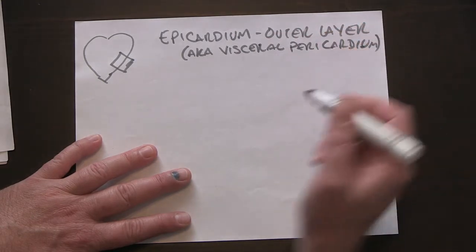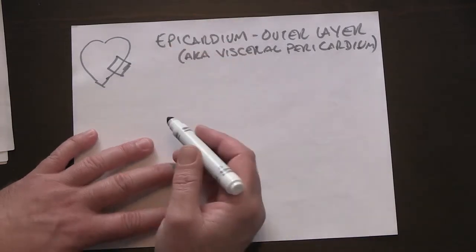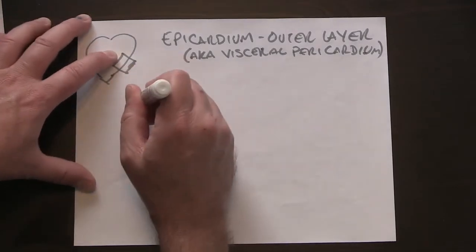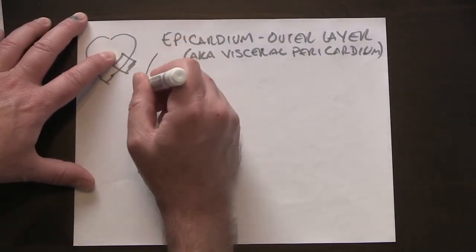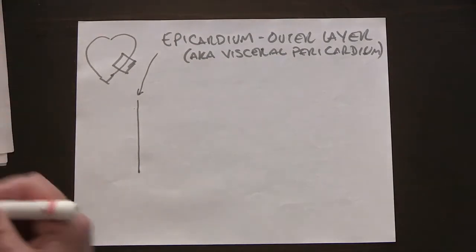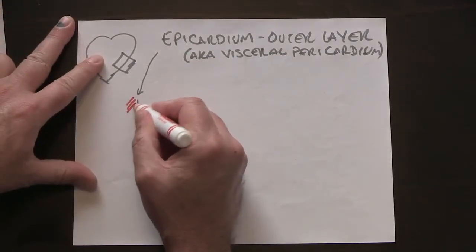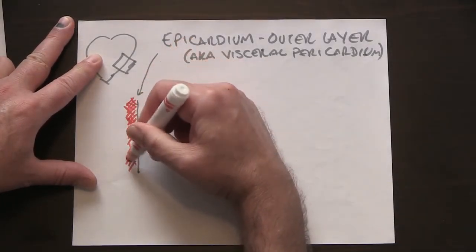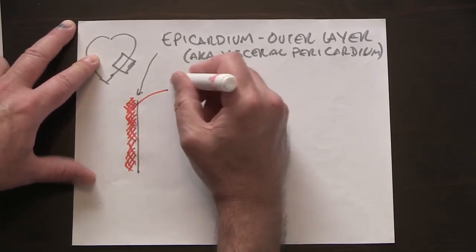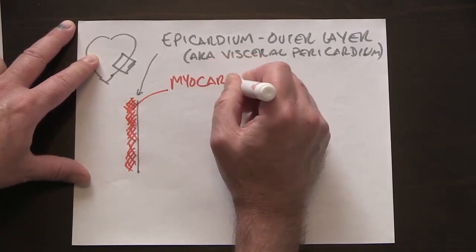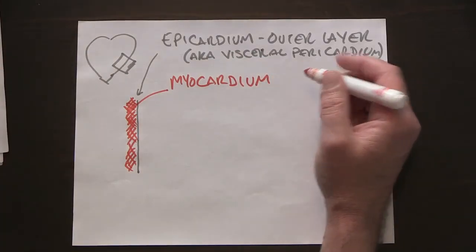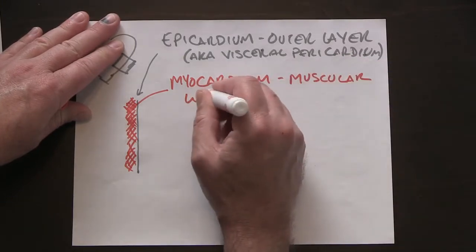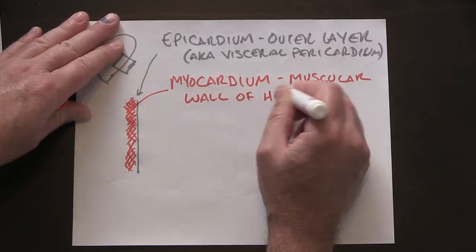And then you have the sort of meaty layer. So let's say this is the epicardium, this layer. And then we actually have the muscle that you probably think of as the heart. And that layer is known as the myocardium, which is the muscular wall of the heart.